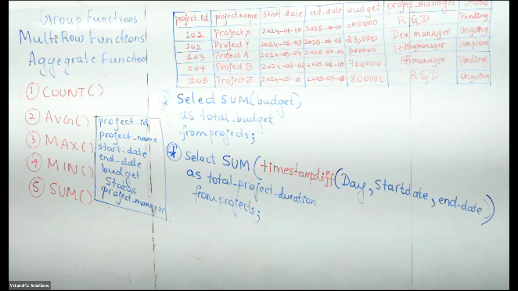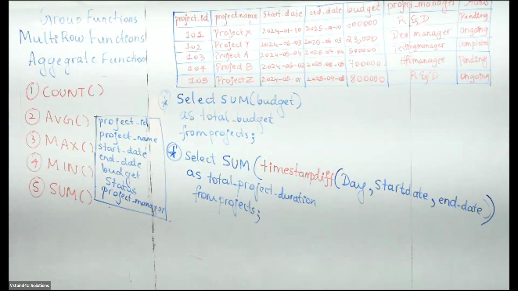Inside the brackets, take down status is equal to planned. Write a query to find the average budget of the projects that have been planned.